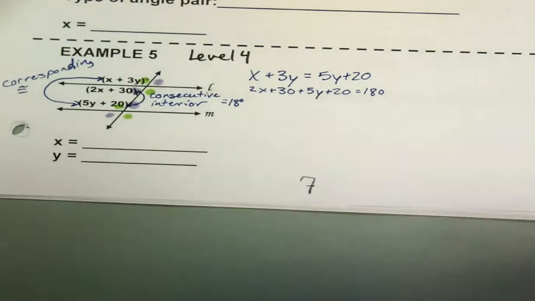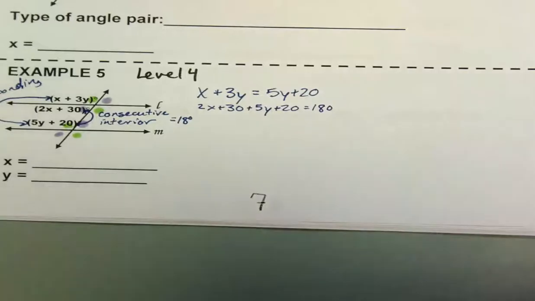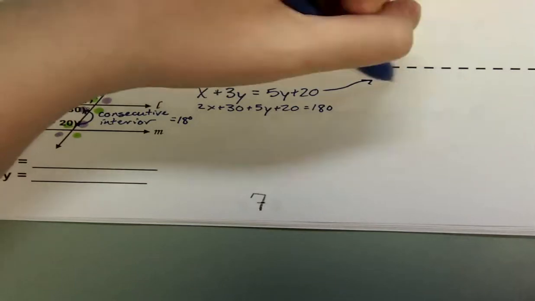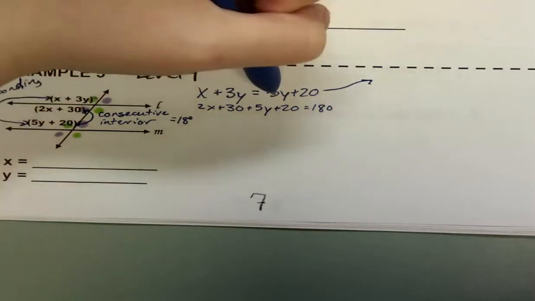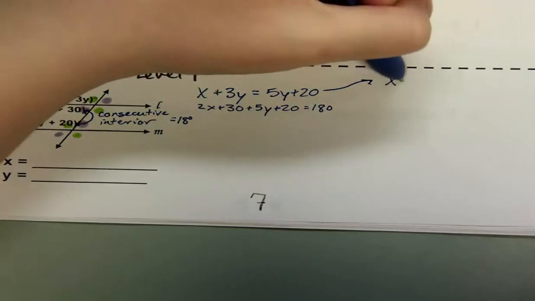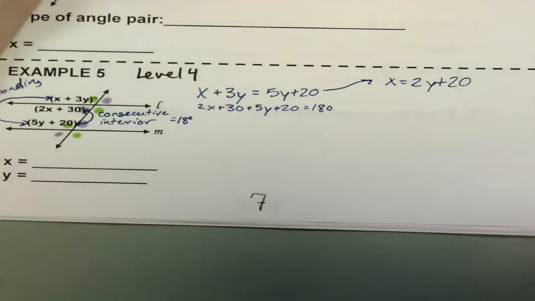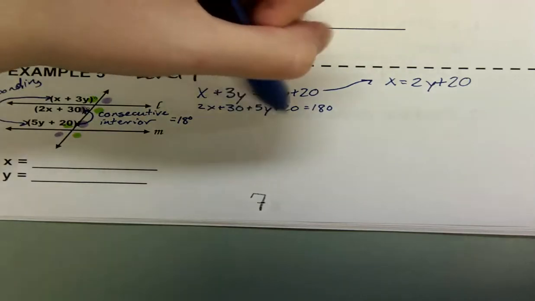I'm going to simplify these equations a little bit just by combining some like terms and putting x on the same side of the equation. But it's the exact same equation. I'm just subtracting 3y on both sides. So x equals 2y plus 20. And then I'm going to combine like terms.